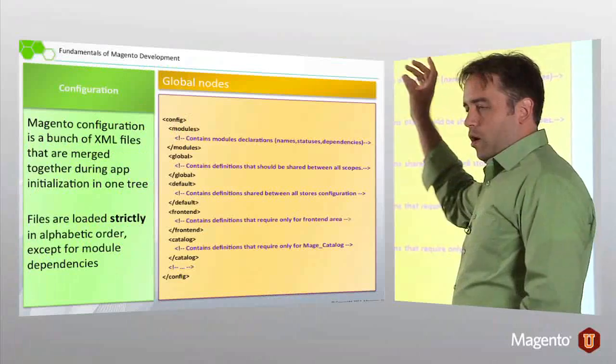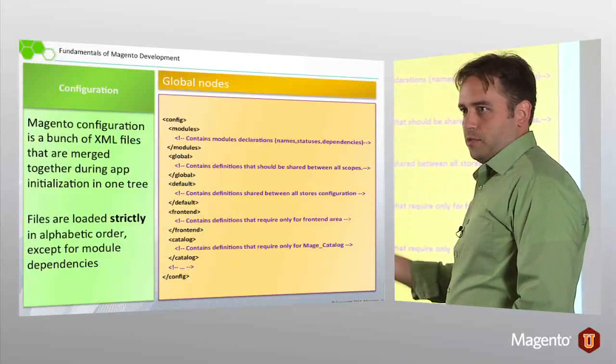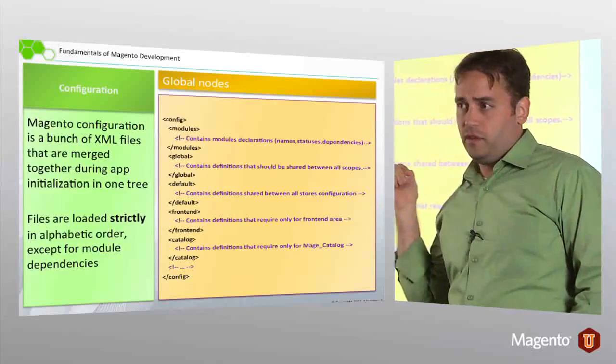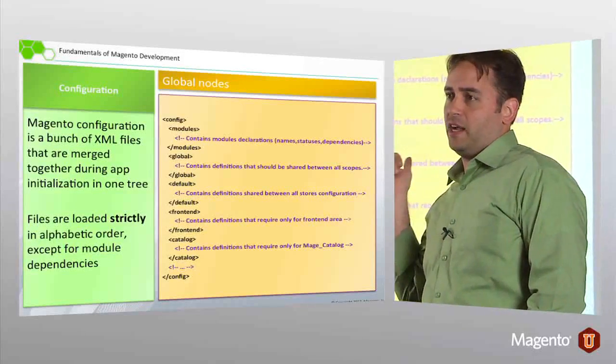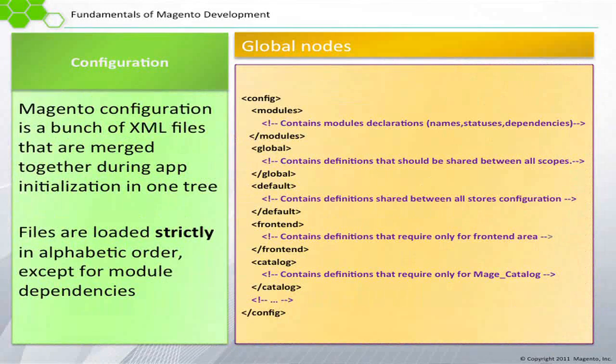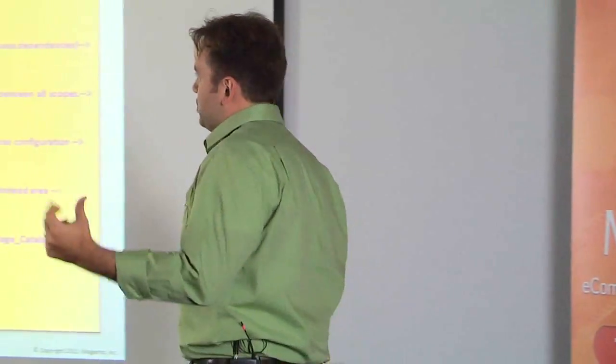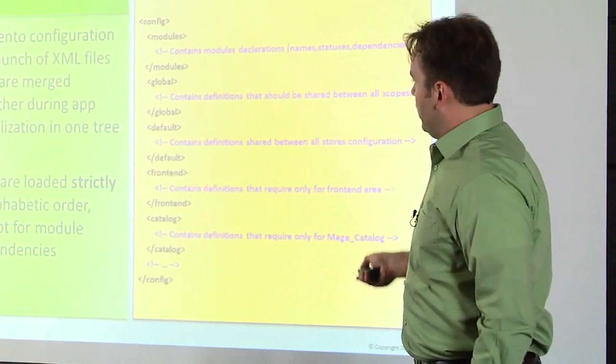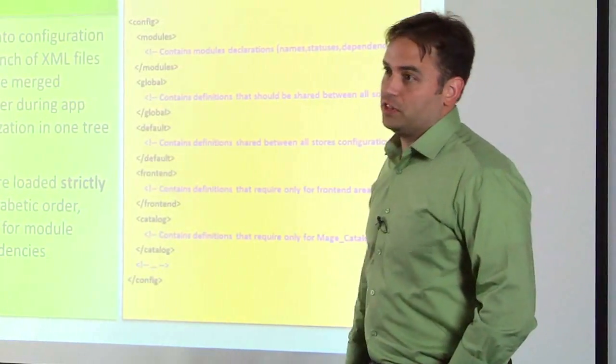So all of those XML files in app etc modules, and then based on what we found here, if for enterprise banner the active flag was set to true, the system is going to go and look for the etc folder inside of each module's directory, and then inside there, look for config.xml. And again, config.xml will also have a root node of config, and then basically anything else it wants to have inside.